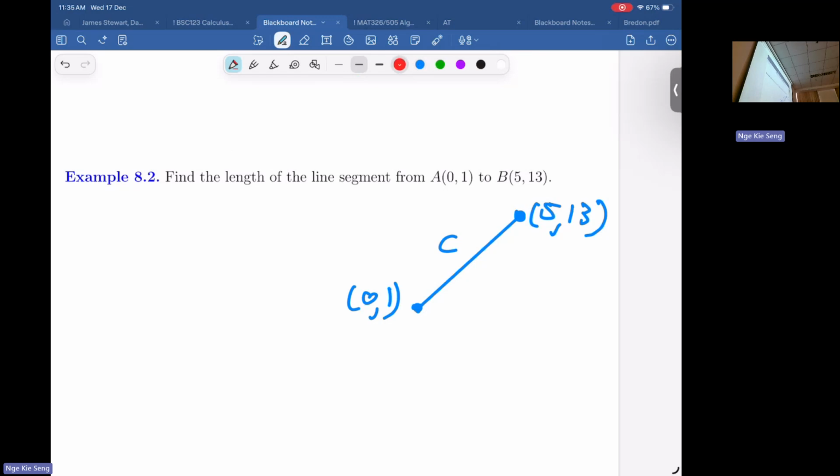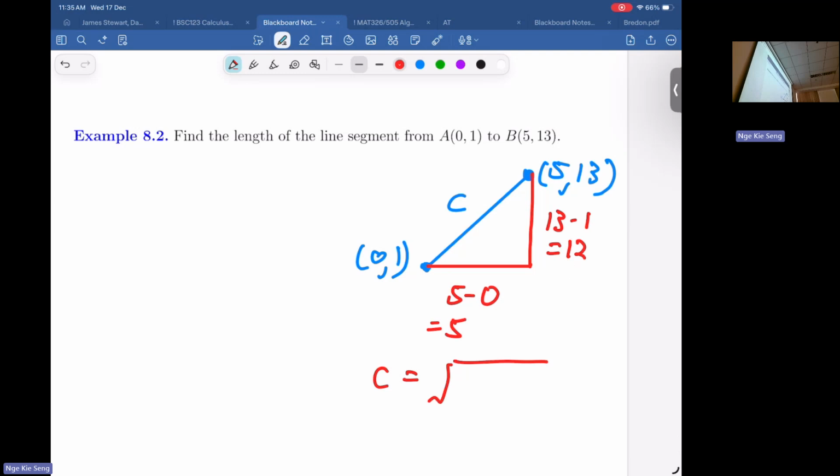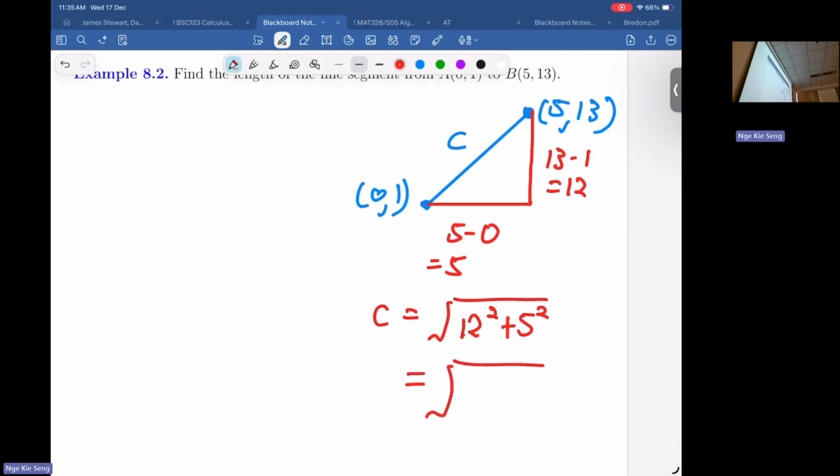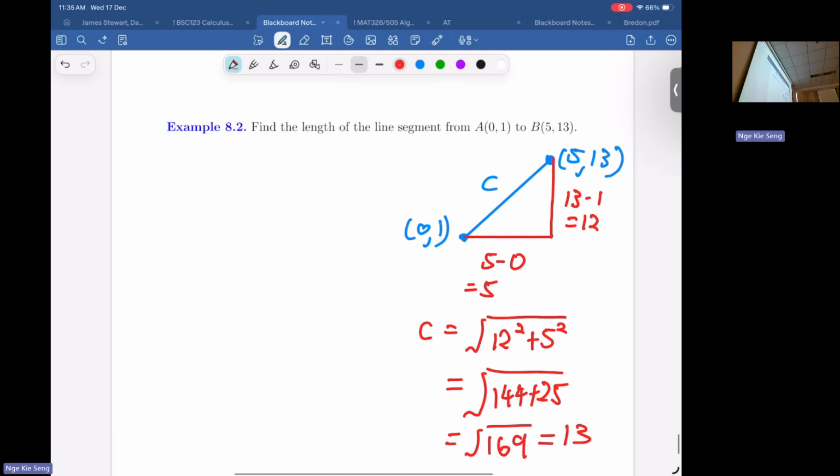So the base is 5 minus 0, and the height is 13 minus 1. Then c equals the square root of 12 squared plus 5 squared, which is the square root of 144 plus 25, which is the square root of 169, which is 13.